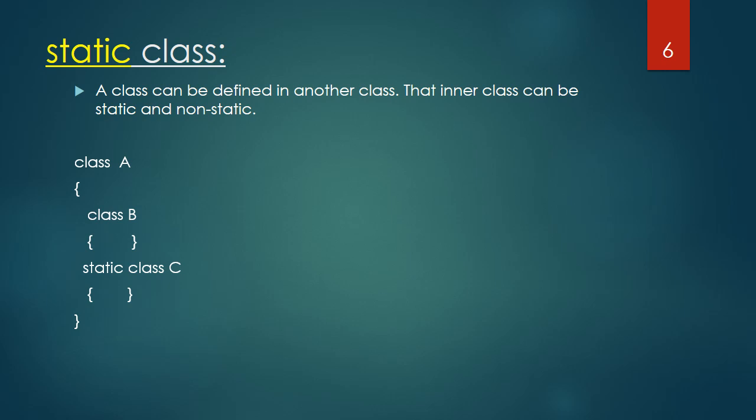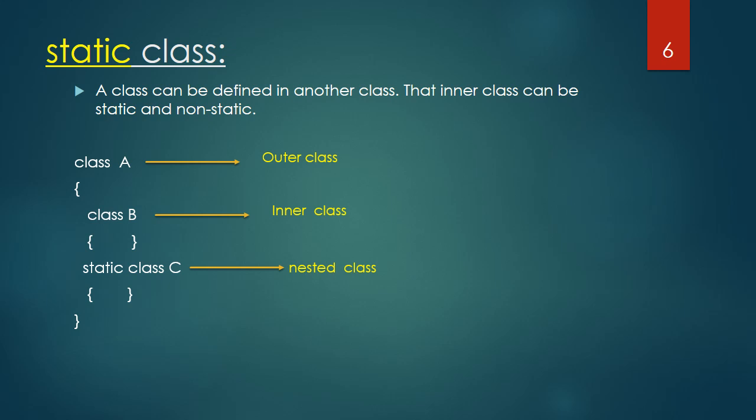So in this example, class A is called the outer class, class B is called the inner class because it is non-static. If it is static, we call that class a nested class. In this example, class C is static, so we call it a nested class. Always, nested classes are static classes only.